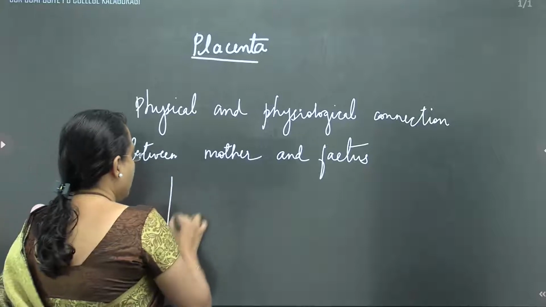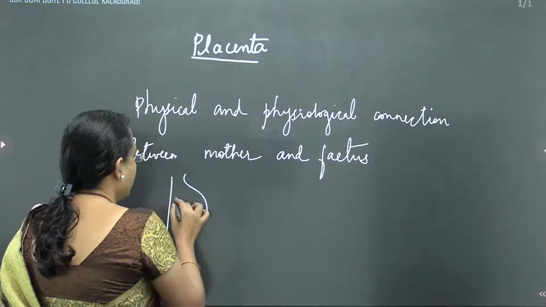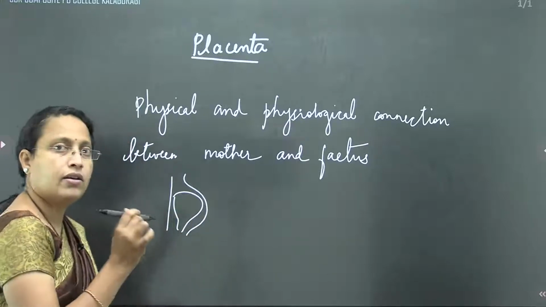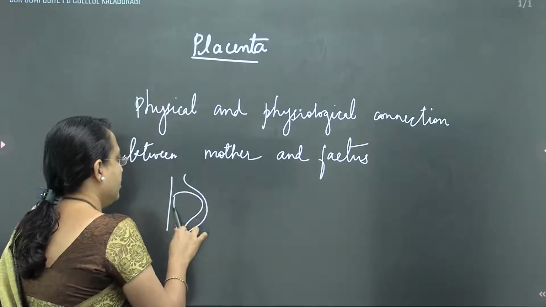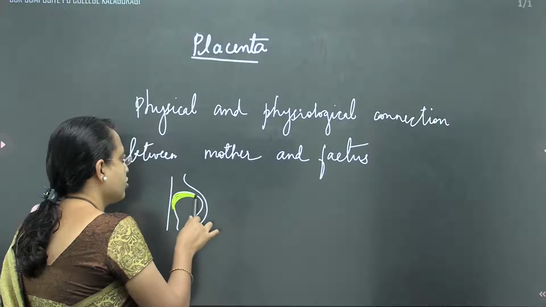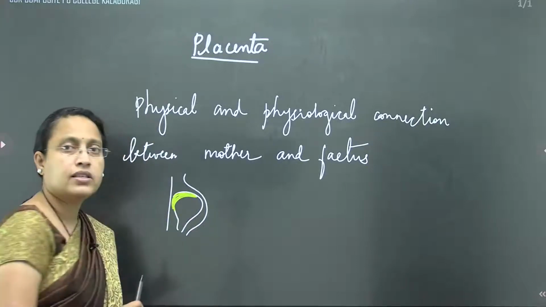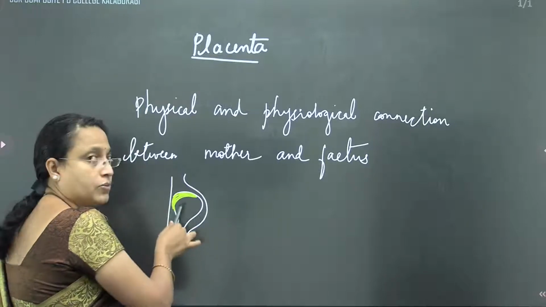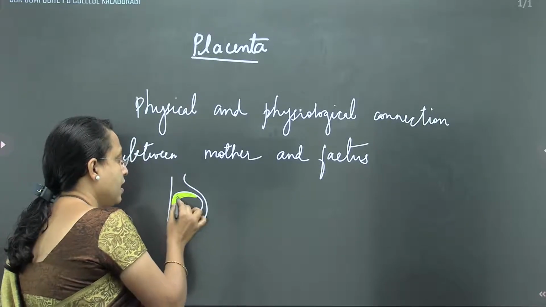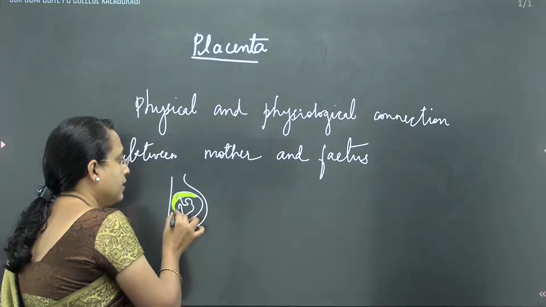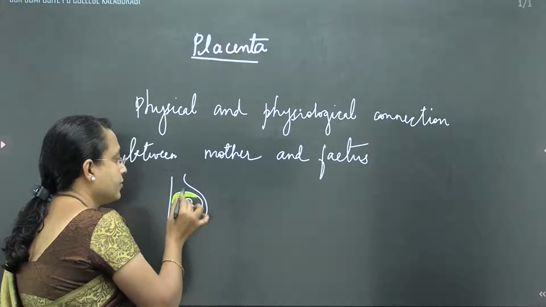So, what happens here during pregnancy? This is a fetus developing, so here a disc shaped structure is formed. This itself is the placenta, the connection between a mother and this fetus, and arising from this will be the umbilical cord and then the developing fetus.